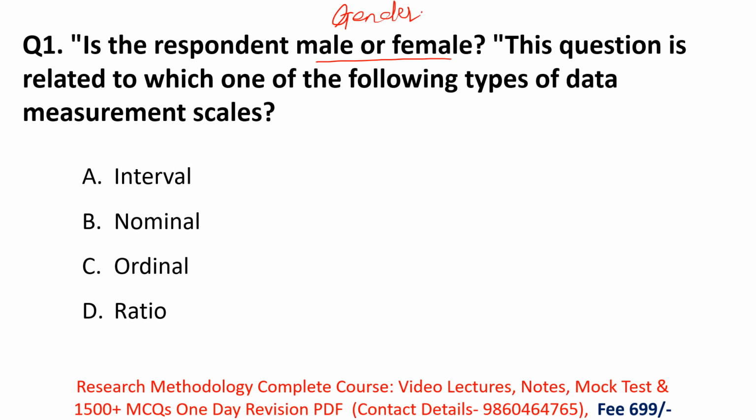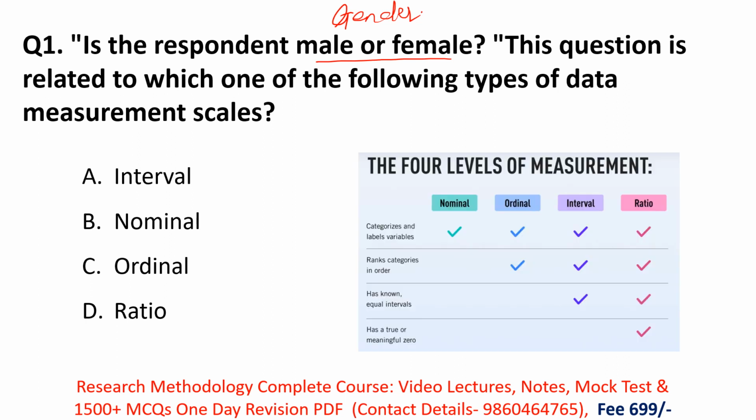You have to know the 4 types of levels or scales of measurement. First is nominal, second is ordinal, third is interval, and fourth is ratio. What is nominal? In nominal, we categorize our variables according to their characteristics, like gender or beauty levels.